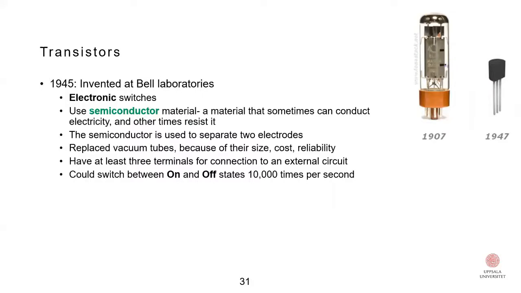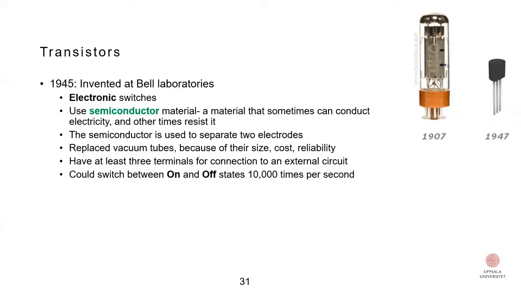So transistors are yet another electronic switch, like vacuum tubes. They are electronic switches, but what is remarkable about them is that they use semiconductor material. So semiconductor was discovered and then led to the invention of transistors.